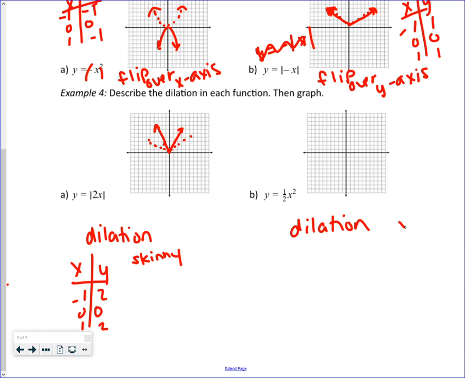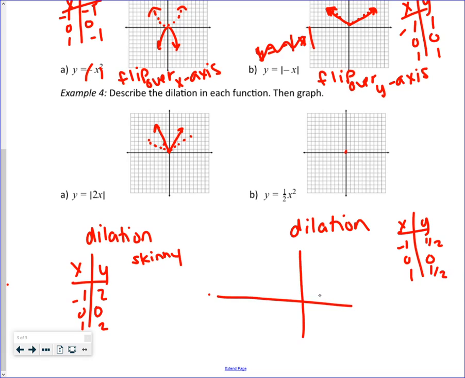But let's do a t-table so we really believe it, okay? You could do negative 1, 0, 1 again, that's fine. If I do 0, 0 squared, 0, 0 times anything, 0, that's still fine. If I do negative 1, what's negative 1 squared? 1 times a half. A half. If I do 1 squared, it's 1 times a half, it's a half. So if you guys look, I know it's hard to see on this one.